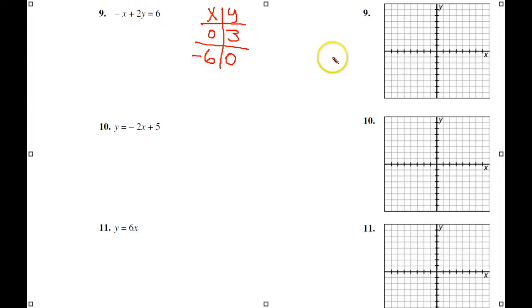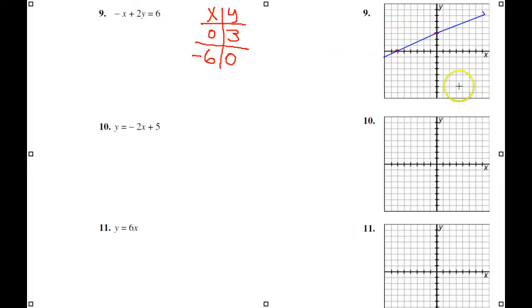So let's graph this one. 0, 3, 1, 2, 3, right there. And then -6, 1, 2, 3, 4, 5, 6. And my line is right there. Sort of. And arrows at the end of the line.